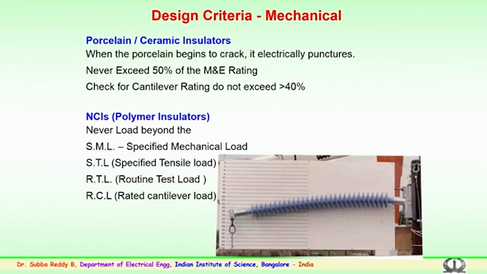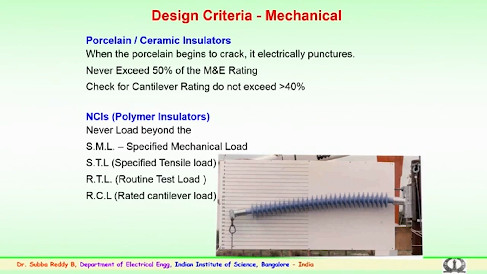So, the utility should not exceed 50% of the mechanical and electrical rating of the insulators. This has to be checked for the cantilever rating, which should not exceed more than 40% of the actual load. In case of polymer or non-ceramic insulators, the load should not be beyond the specified mechanical load.